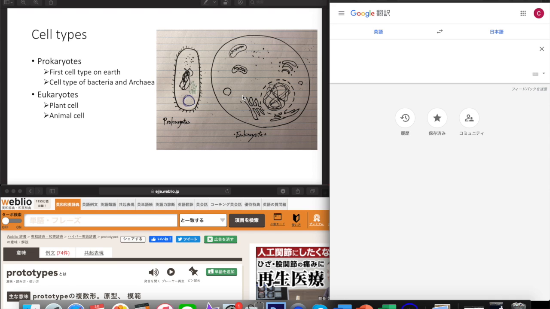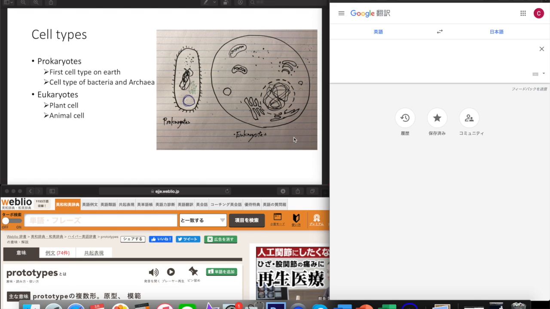Basically, first I have to show the similarities between prokaryotes and eukaryotes. Both commonly have a plasma membrane, cytoplasm and DNA. The plasma membrane is the outer covering that separates the cell interior from the surrounding environment.